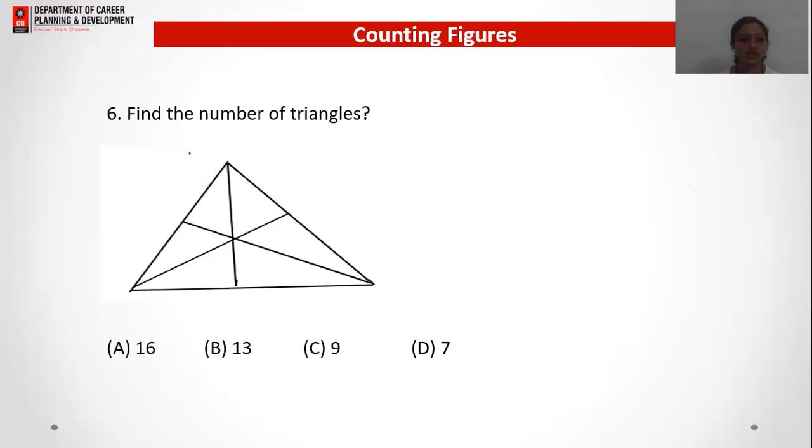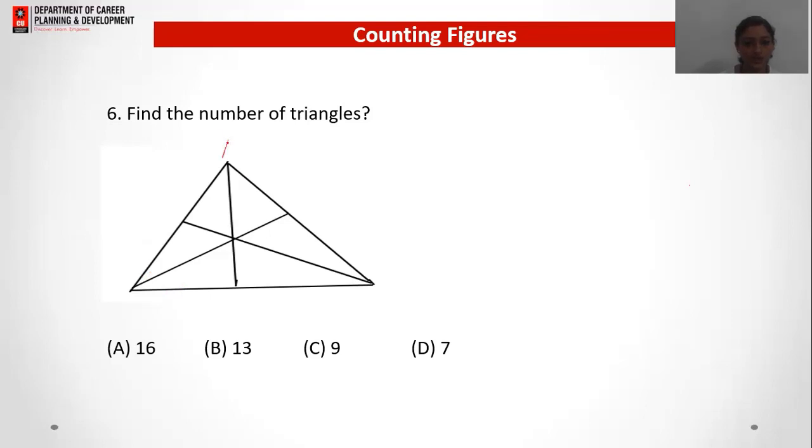Now, question number 6. Find the number of triangles in the given figure. Find the total number of triangles in the given figure. So we can use the concept that we have done earlier, how we can find out the total number of triangles.